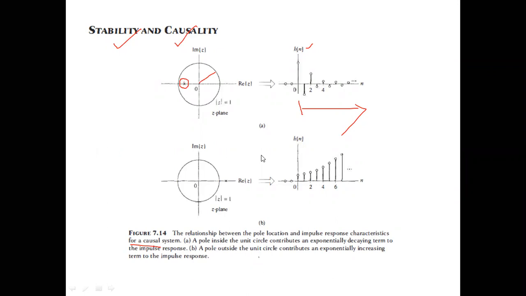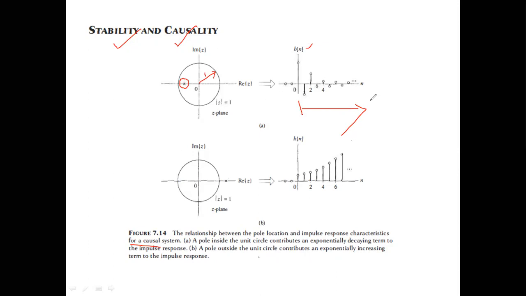Then this remains a stable system. It means if the system is causal and there is a pole which lies inside the unit circle, then the system is always stable. If the pole lies outside, then it is unstable.